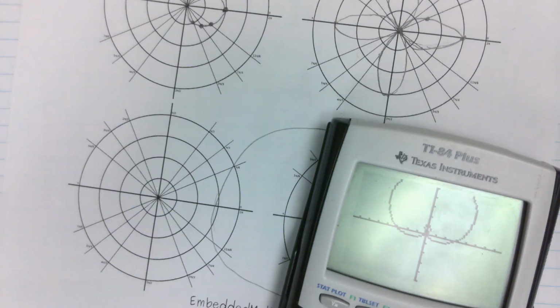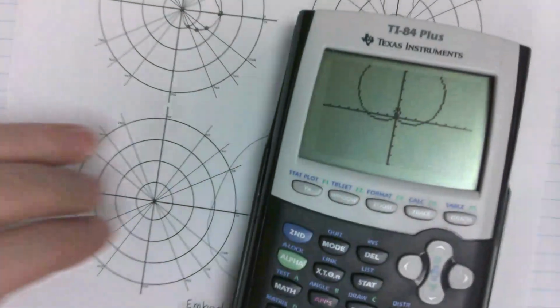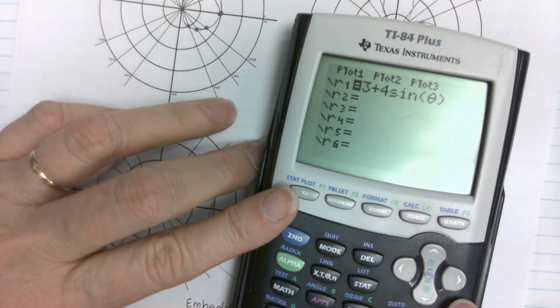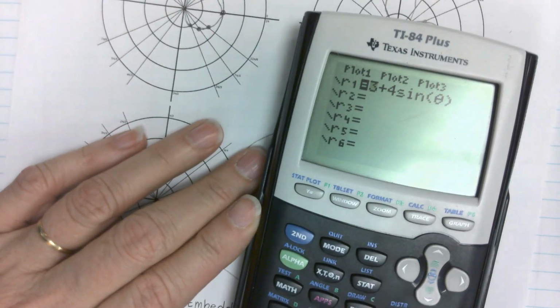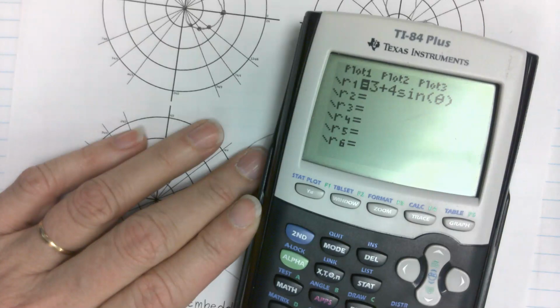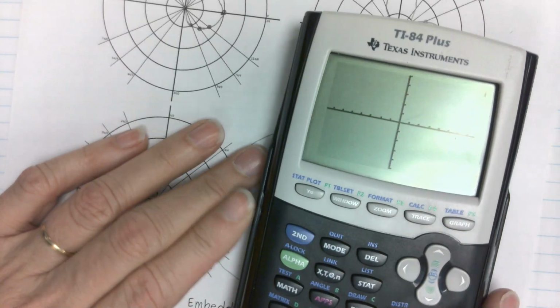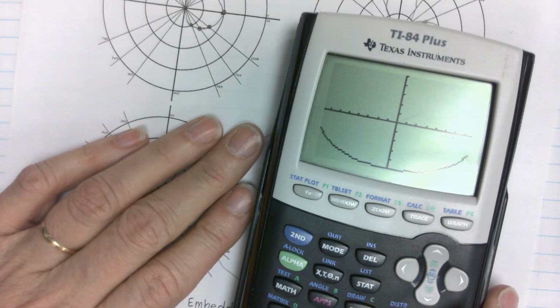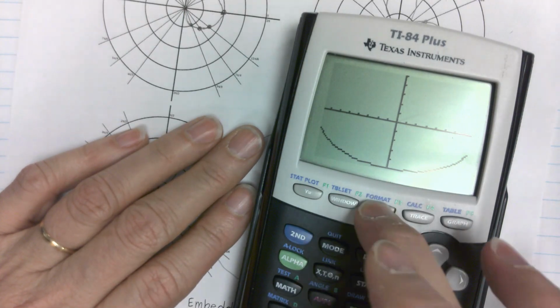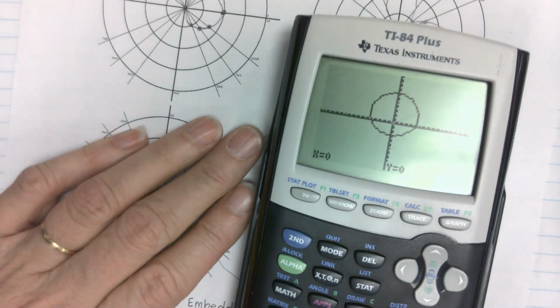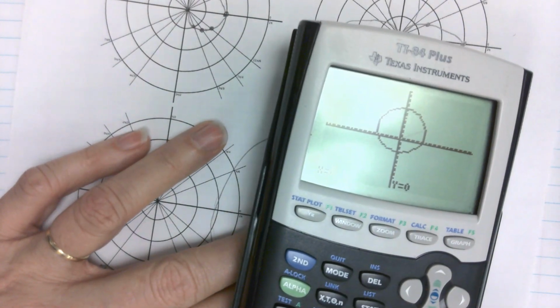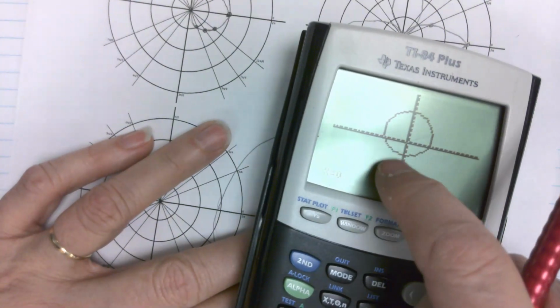A limaçon is where you have... Guys, this one is actually a little dimple.